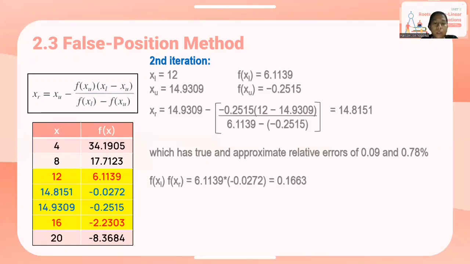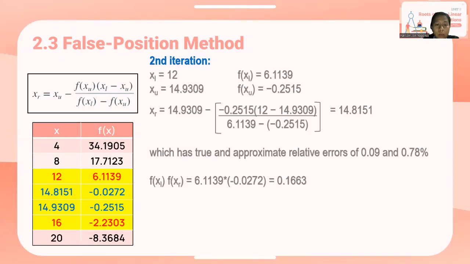So in the table are the values of X and the function of X. So we have added 14.8151. And the function of XR is negative 0.0272.